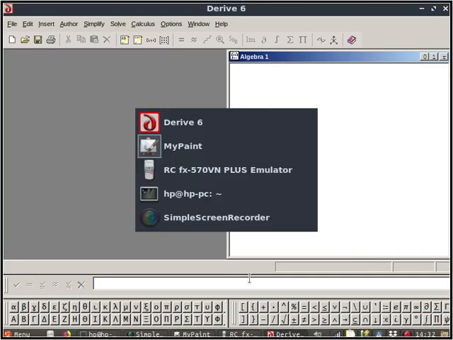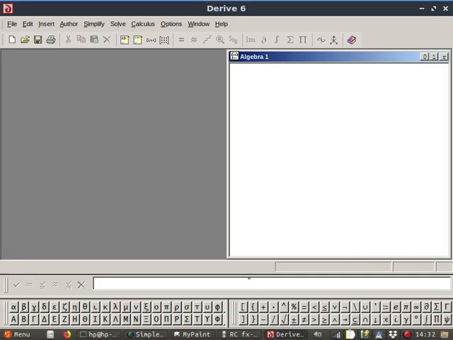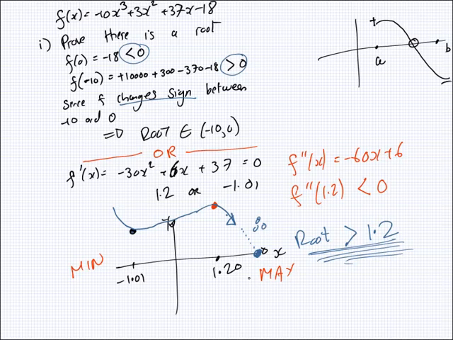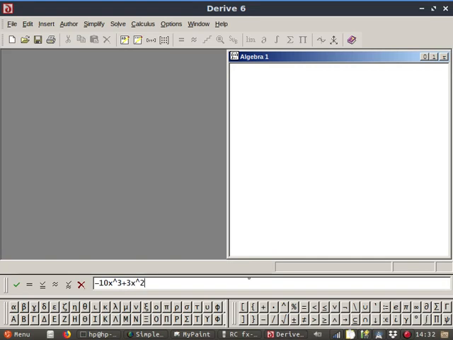Hang on, I'll just draw it on the program. Look, minus 10x cubed plus 3x squared plus 37x minus 18.